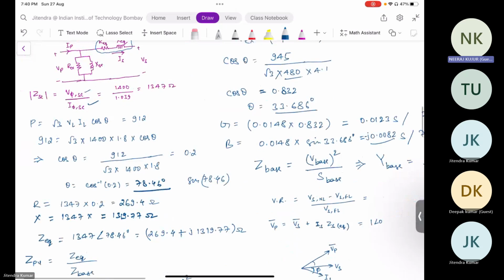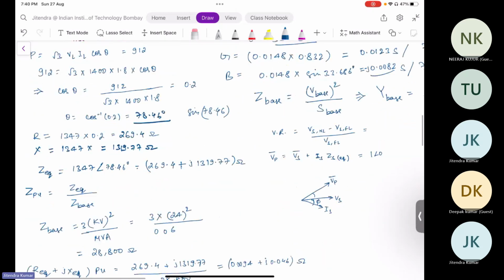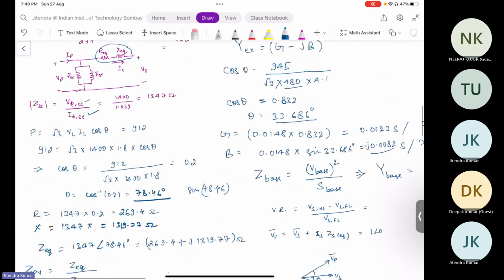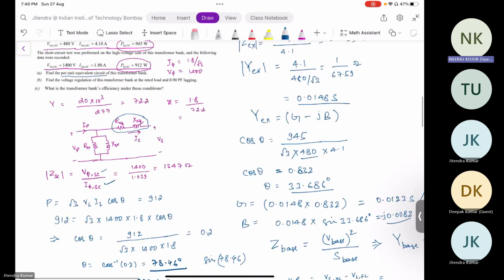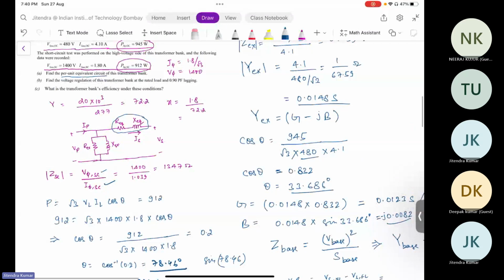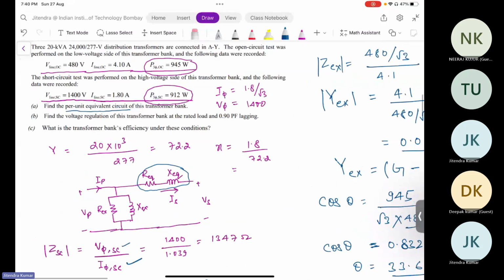I think not, then we should calculate it. It is very important to find it at the rated load, because whatever we did in the first part was for the given load.